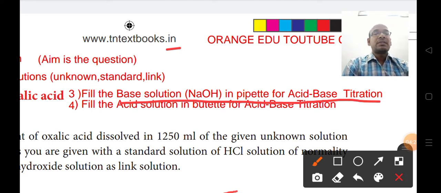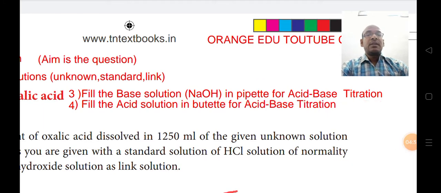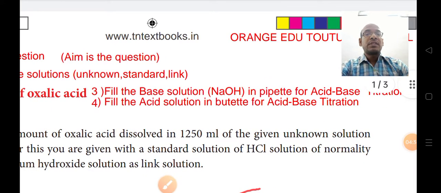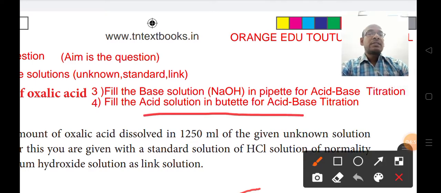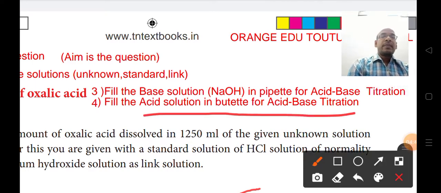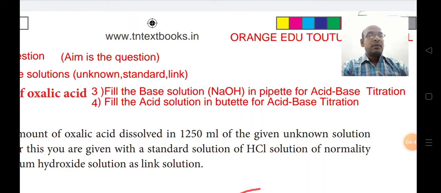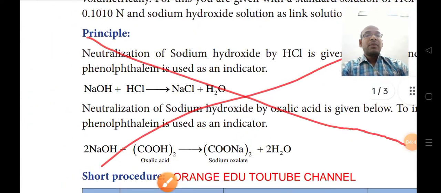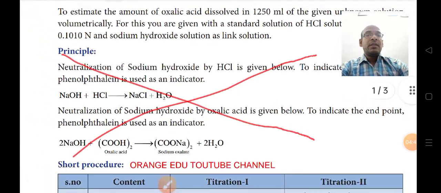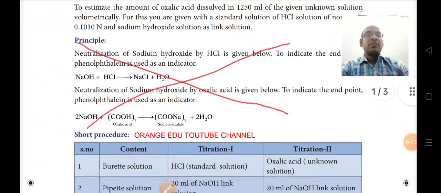That is a basic point for acid base titration. Base is always taken in the pipette. Second point for the acid base titration: acid solution is always taken in the burette. Therefore, now using those points, we fill the short procedure, burette and pipette.